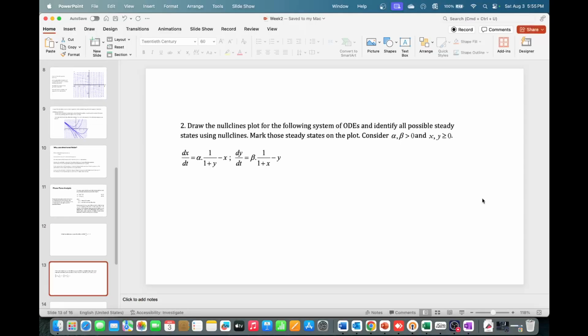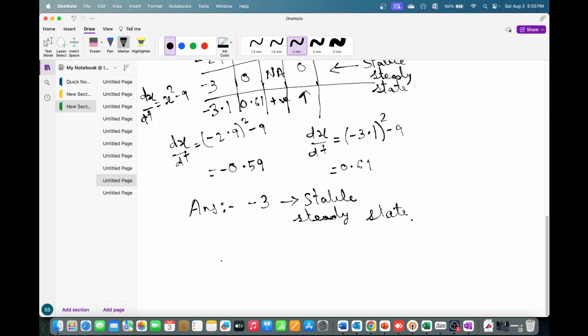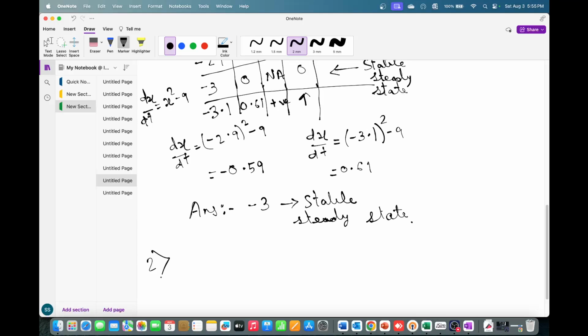I hope you have written down the equation. Now let's try to solve it. This is question number 2.